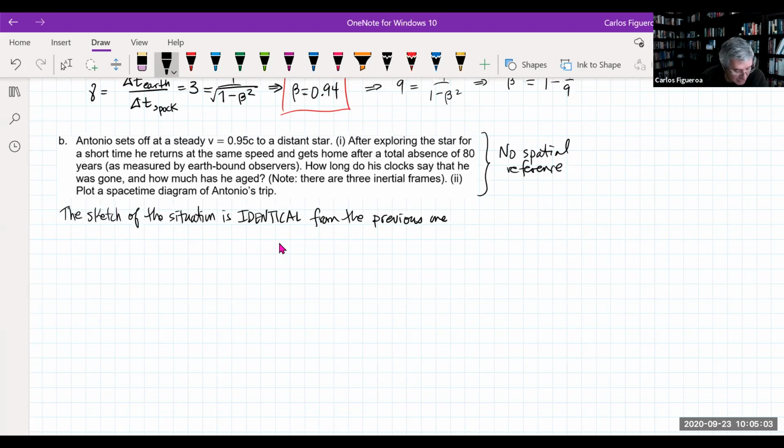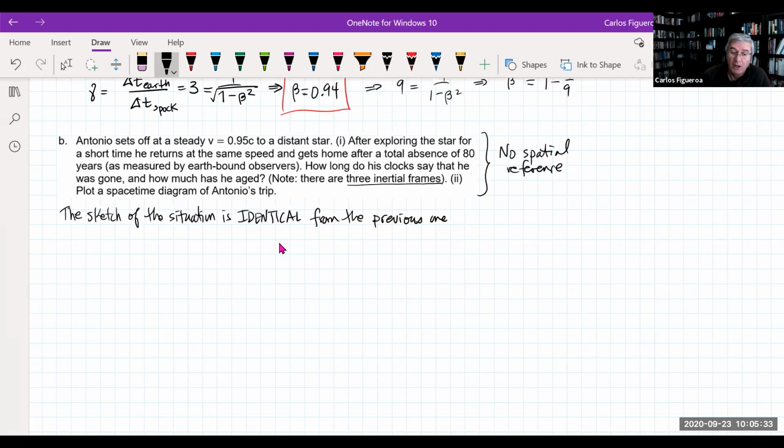And so what you're really seeing here is that there are three frames. What do I mean by three inertial frames? I'm talking about the Earth frame, the star frame, and the rocket frame.